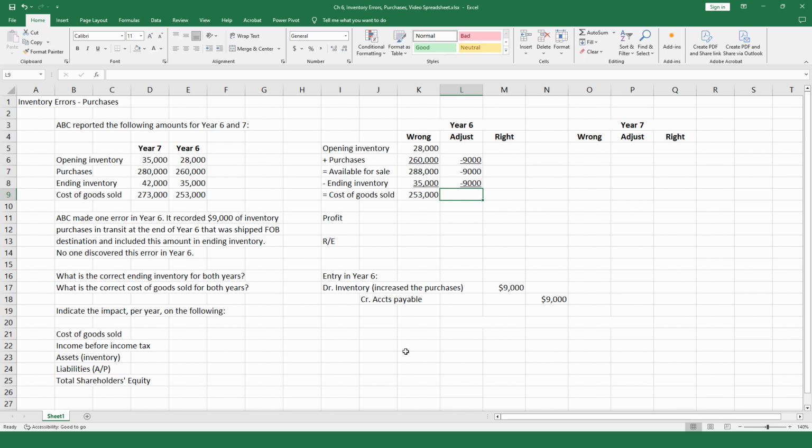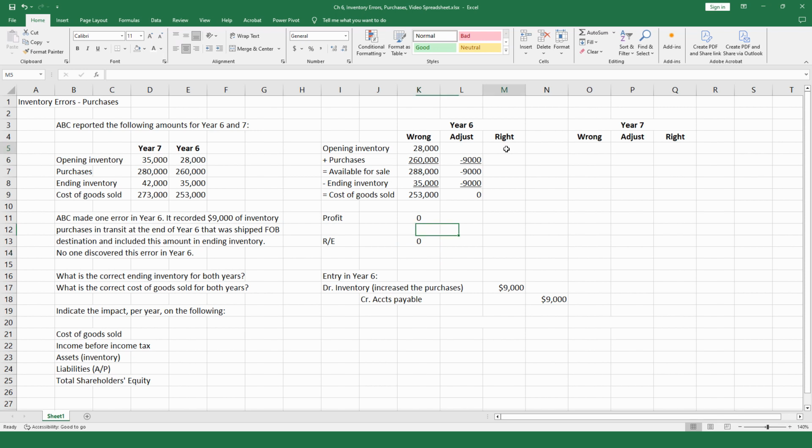I'm going to do my usual calculation. Available for sale minus the ending inventory, but I'm subtracting a negative $9,000, which alters it into a positive $9,000. That means the impact on cost of goods sold from this error is 0. That means profit has 0 error and retained earnings has 0 error.